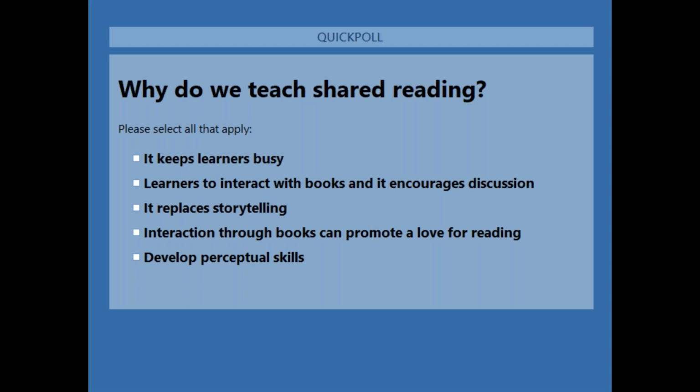I can see that you are responding so nicely. The figures are growing, the percentages are growing. We're giving another 30 seconds, and let's see if there's a change in the picture that I get here. Your responses according to why do we teach shared reading. Now, 64% of you have voted.